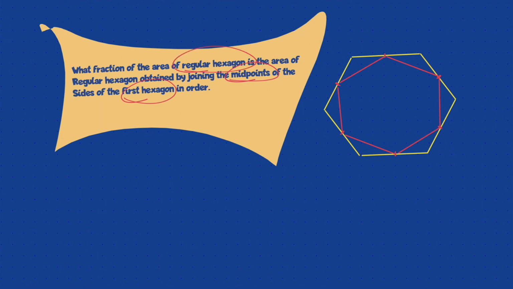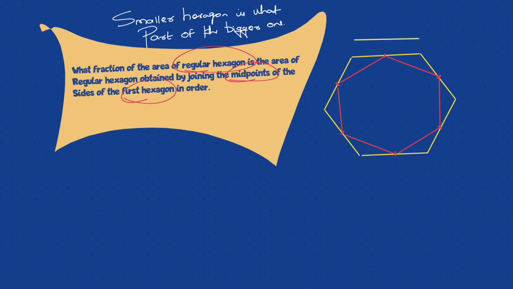I am being asked what fraction of the area of a regular hexagon is the area of the hexagon obtained by joining the midpoints, which means the smaller hexagon is what part of the bigger hexagon. That is what I want to know. I know the area of the bigger hexagon will always be bigger than the smaller one, but the smaller hexagon is what part of the bigger hexagon? Okay, that is the question.